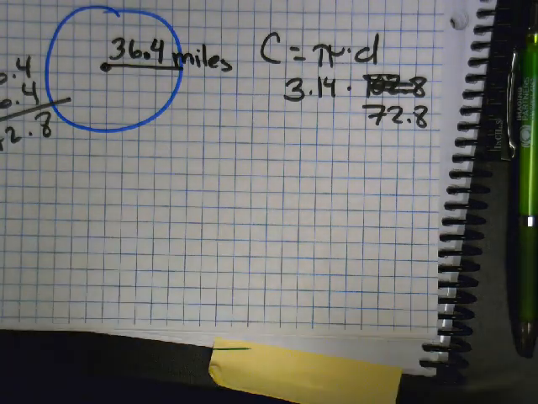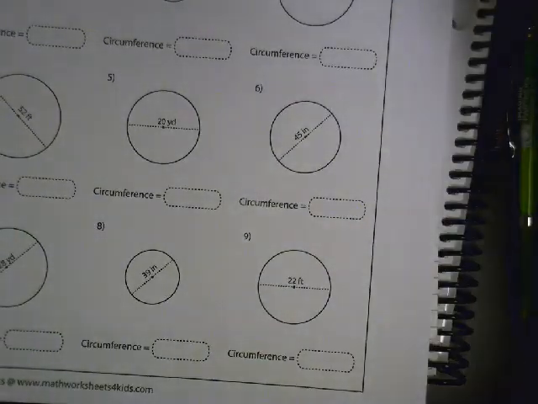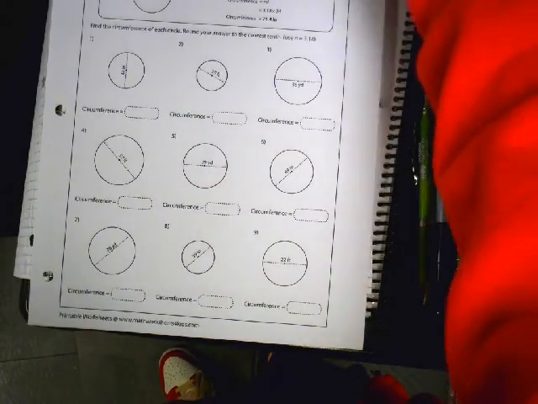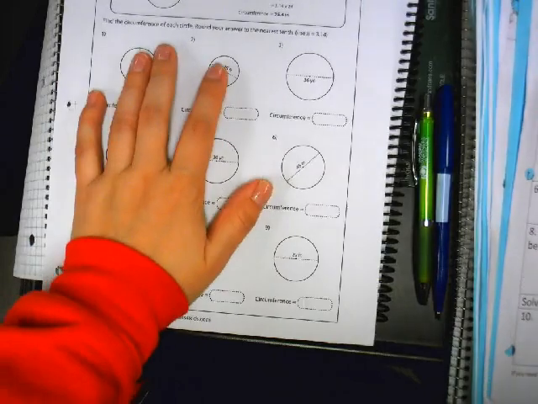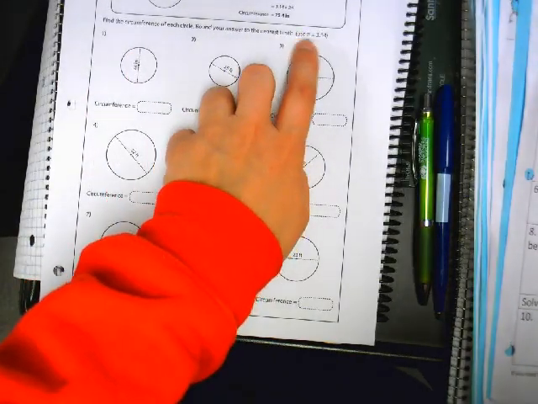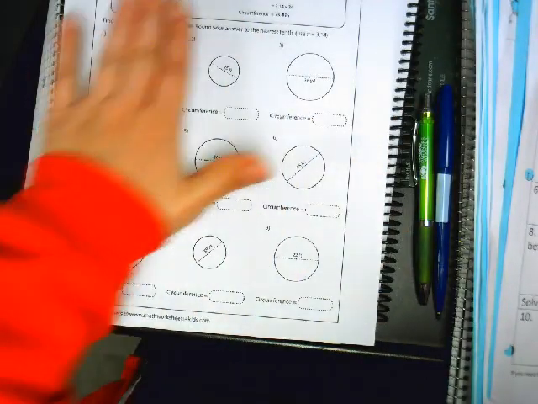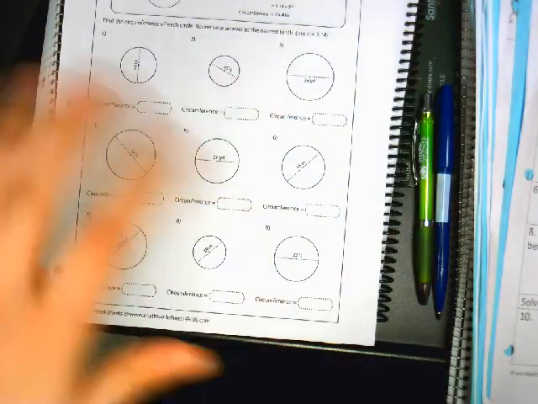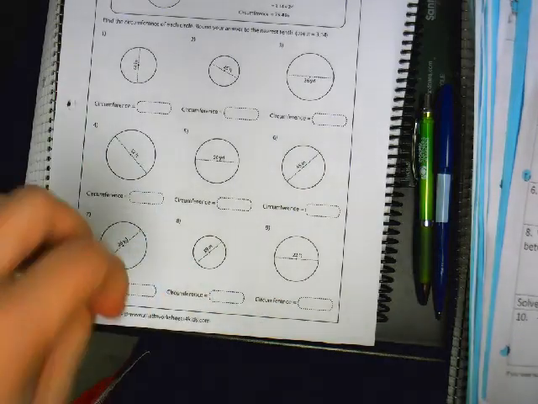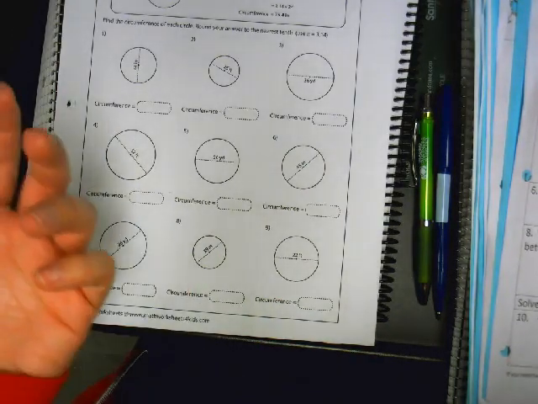All right, so the directions say to use pi 3.14. Now, if you see all of this sheet, they all give you the diameter, right? So they give you the number that you need. Fantastic.